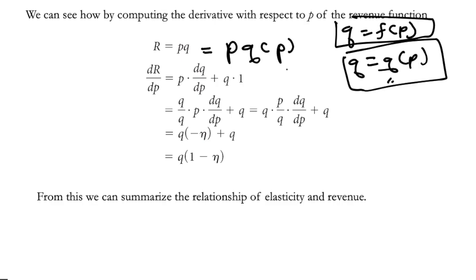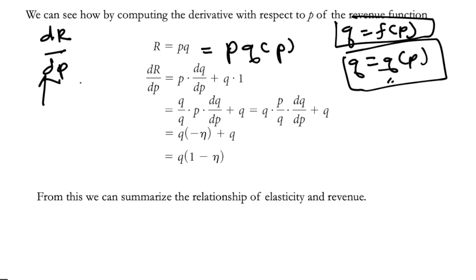Alright, so as a consequence, if I want to see what happens to revenue if there is a change in price, I can do this by taking the derivative of revenue with respect to price. The derivative here means what?